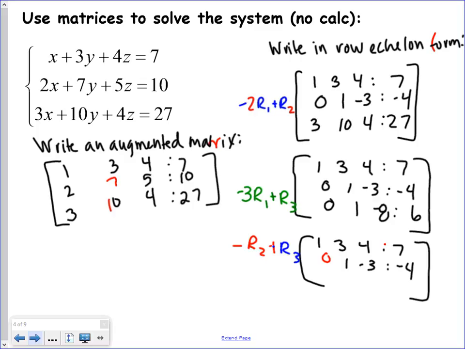Yeah, basically subtract the rows. Okay. So that would be 0. Then negative 1 plus 1 would be 0. This would be positive 3 plus negative 8, so negative 5. And then positive 4 plus 6 is 10.